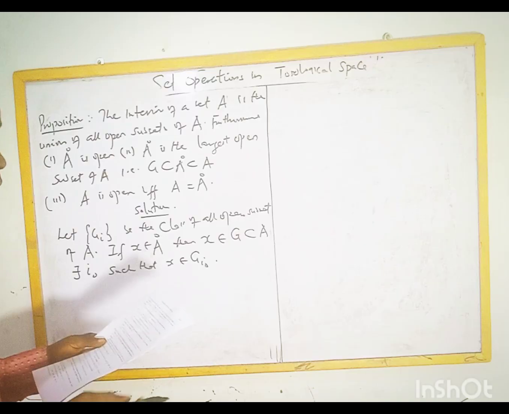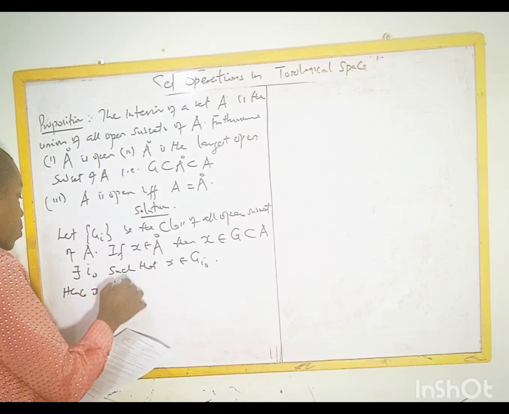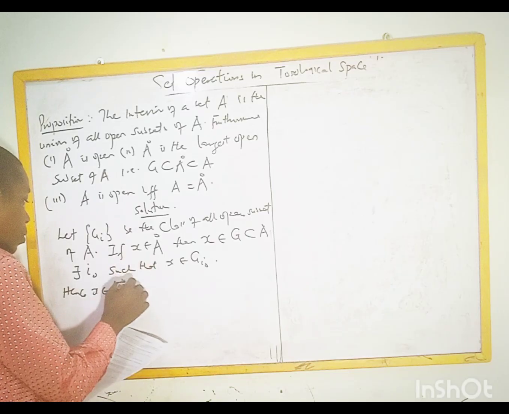So that is for each of them, x belongs to the union over i of G_i.